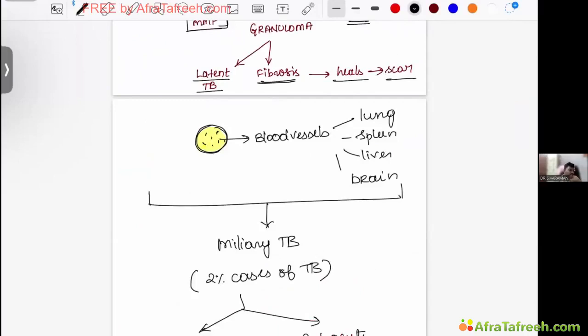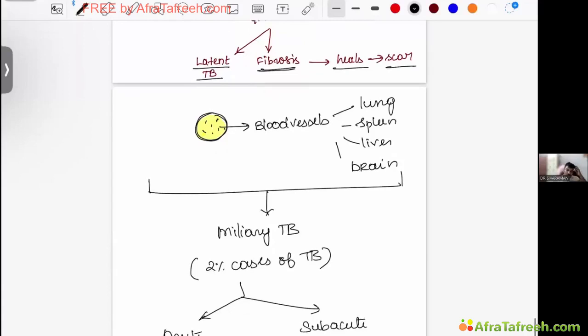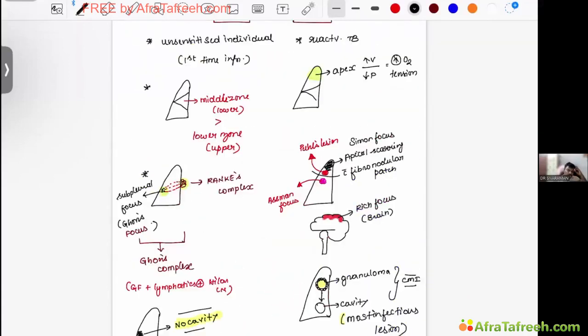See, everything will not occur in every patient, right?